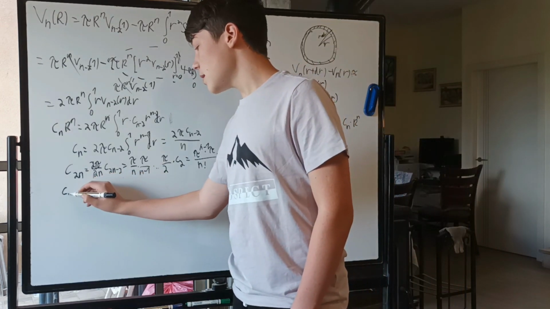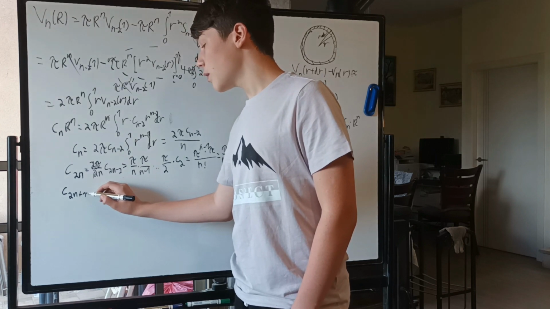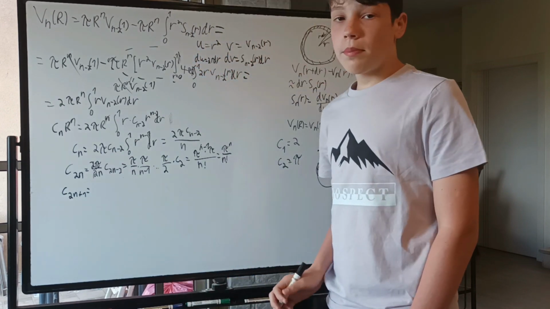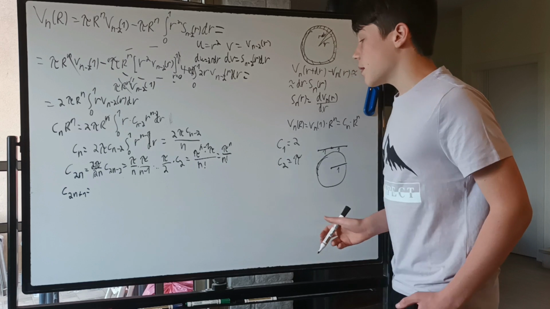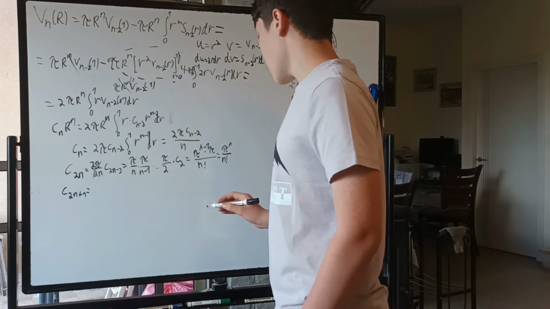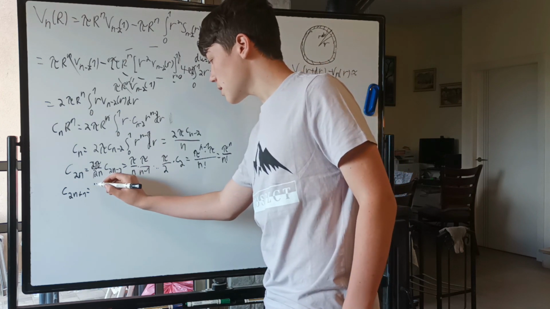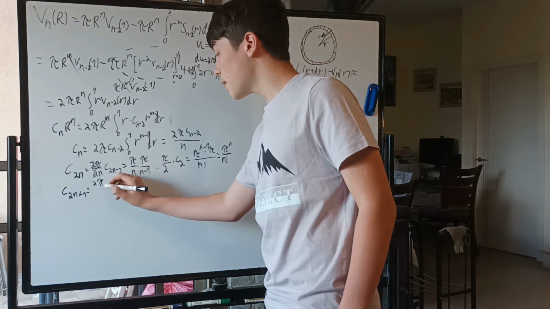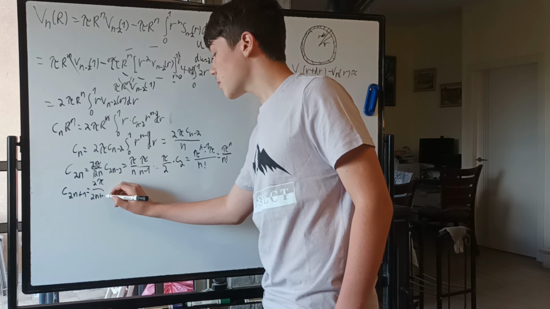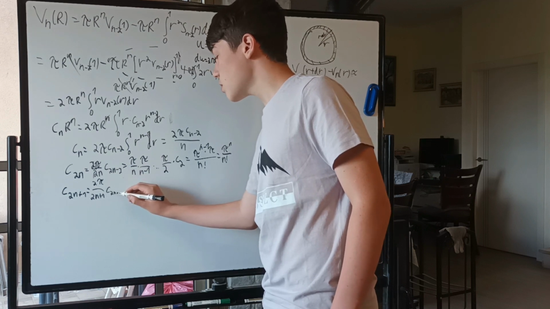Now, c2n plus 1. This will be a bit uglier, but at the end it'll actually turn out really nice. So let's do this. We're going to have 2 pi over 2n plus 1 times c2n minus 1.